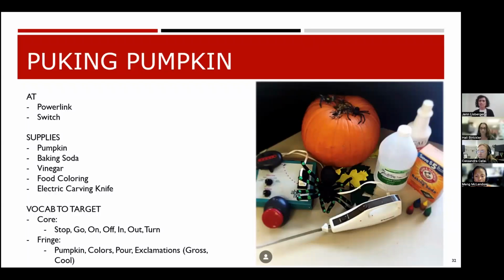It's a sensory activity. You're seeing it, you're smelling it, you're feeling it. Vinegar smells quite potent. And then you can have your exclamations and your fun vocabulary. Oh, that's gross, or that's really cool. You can program devices to make a sound, or on an external switch, you can have it do that as well.